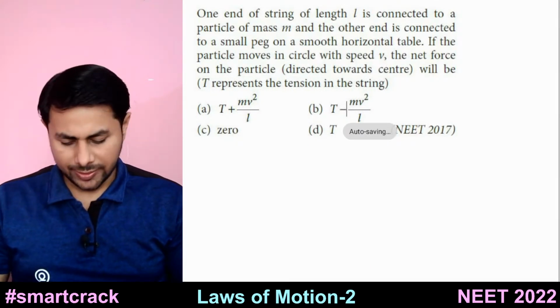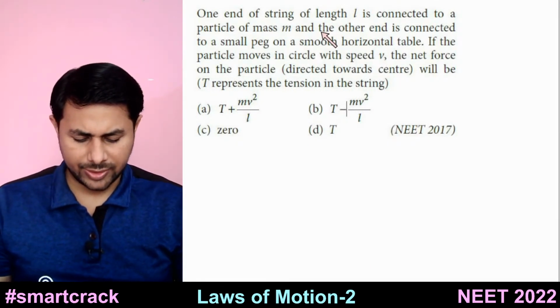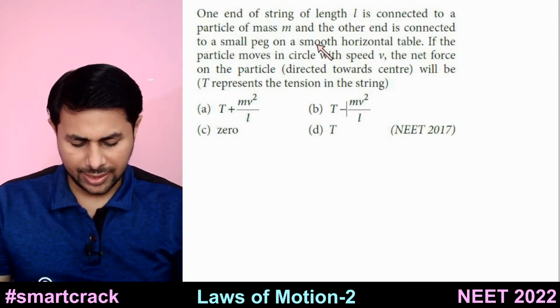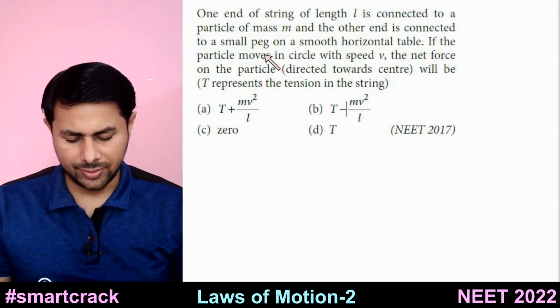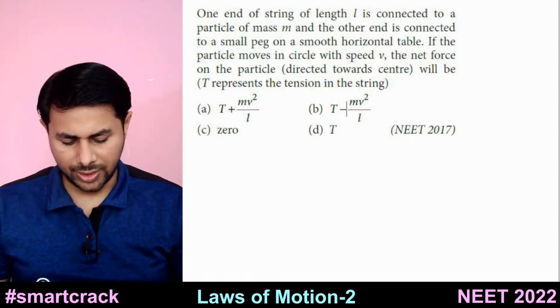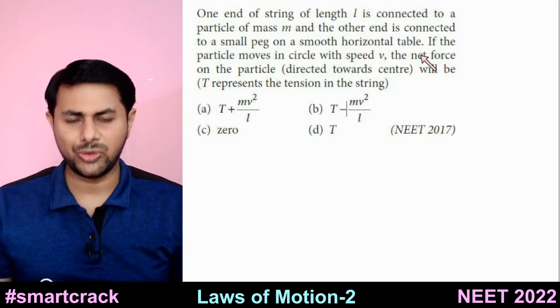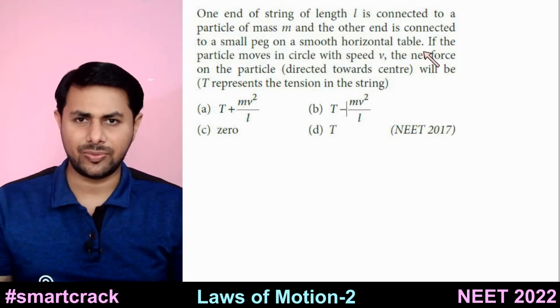The next problem is: one end of a string of length L is connected to a particle of mass m and the other end is connected to a small peg on a smooth horizontal table. It is a smooth horizontal table, that means there is no friction.